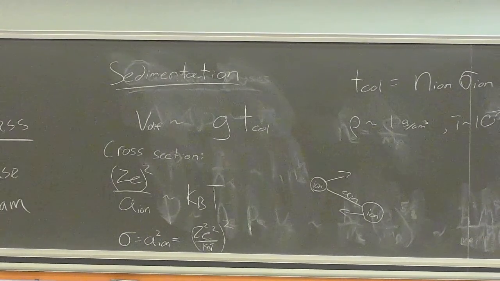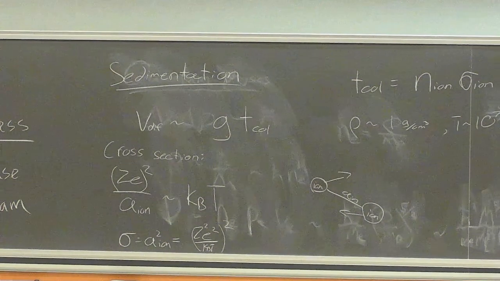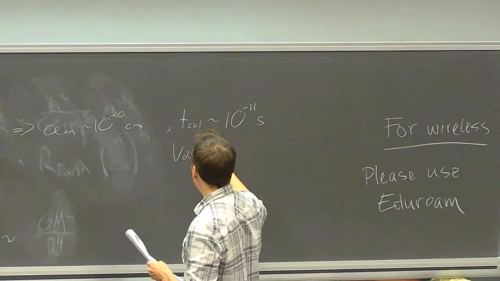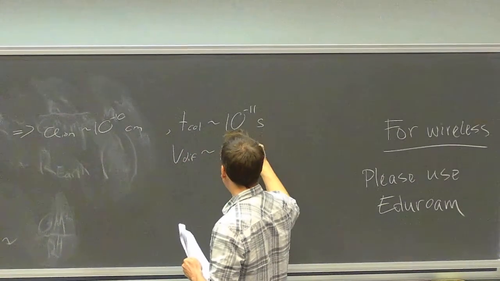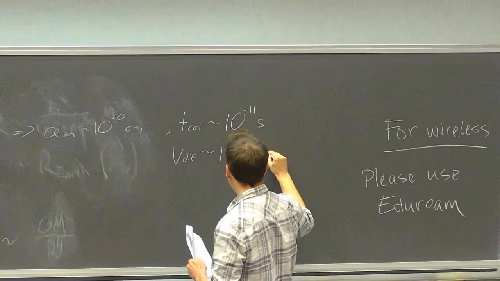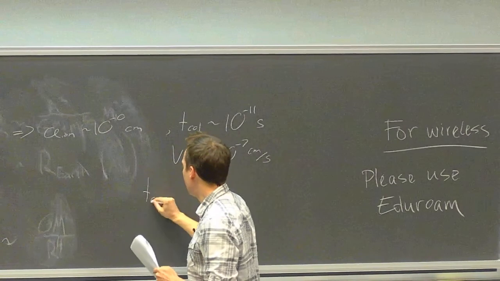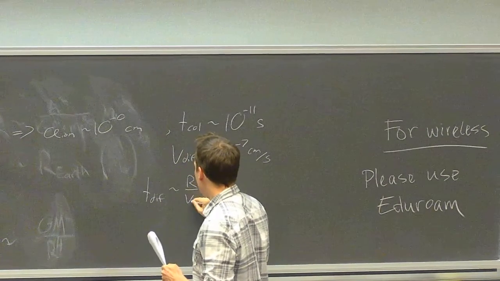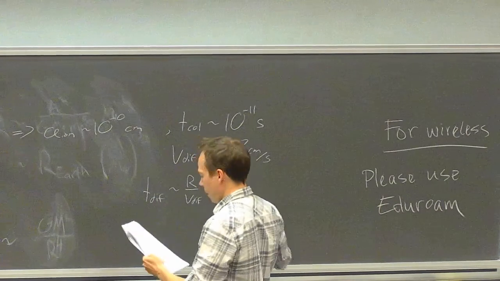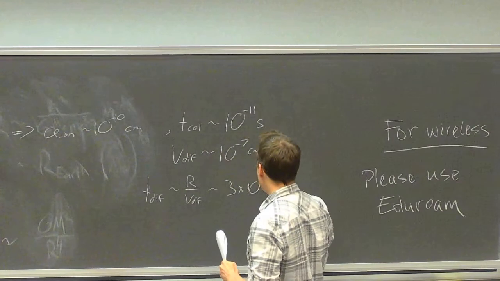So in other words, the ions hit each other a lot. That means if you plug in the numbers for something like the sun, you get a diffusion speed of something like 10 to the minus 7 centimeters per second. So a diffusion time for the sun would basically be the radius of the sun divided by this velocity, and that's something like 3 times 10 to the 10 years.